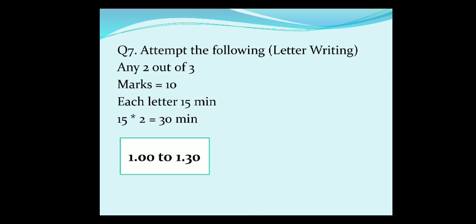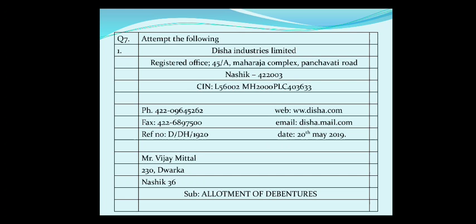You can finish it by 1:30 p.m. In this question, 3 letters will be asked. That is on members, debenture holders and depositors. You have to write only 2 letters.